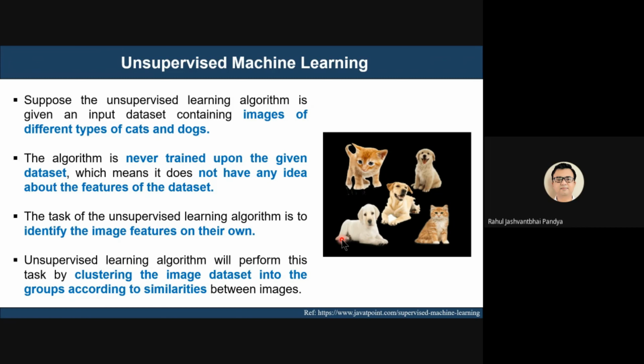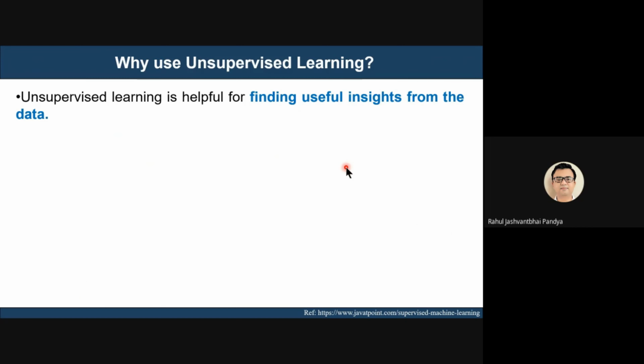And the cats will have a smaller dimension, and it will frame another group, the second group, where all small dimension images belonging to cats are placed. So it's a kind of pattern identification.